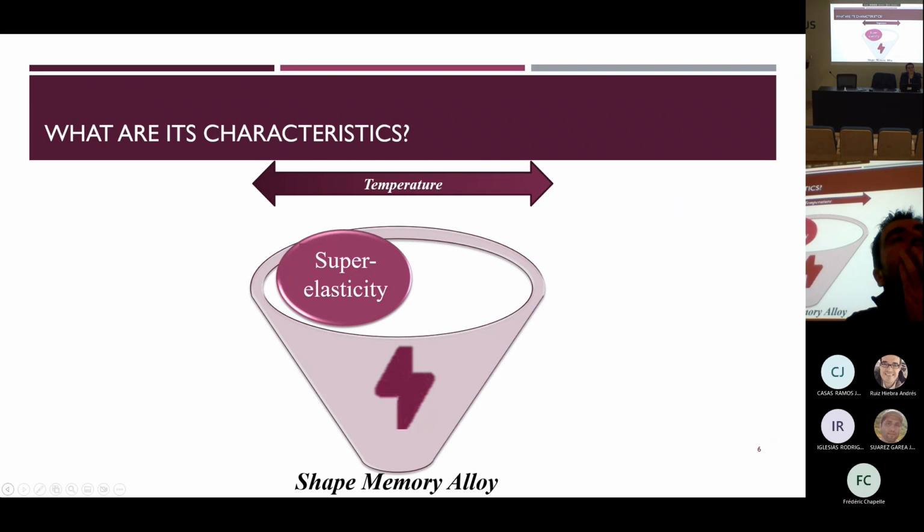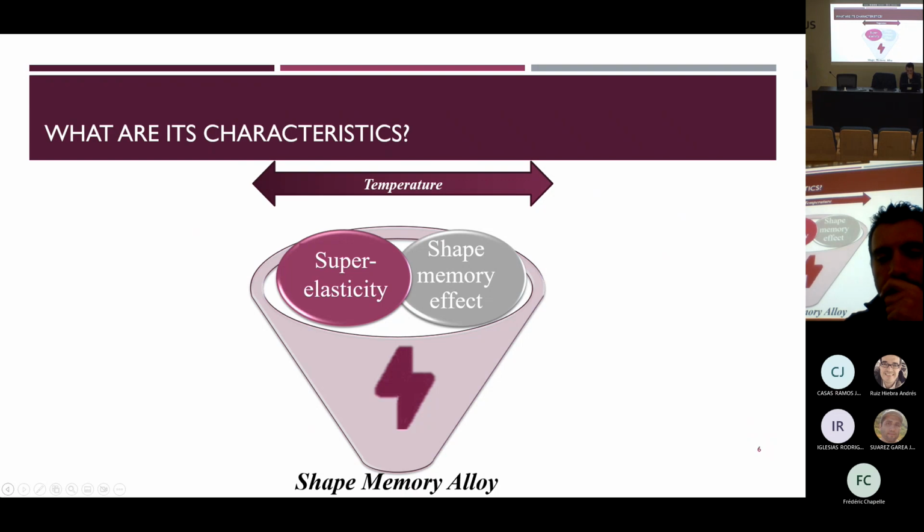First characteristic, it has superelasticity. Second, shape memory effect. The main thing to focus on here is the temperature, since at each range of temperature, we can define a characteristic.